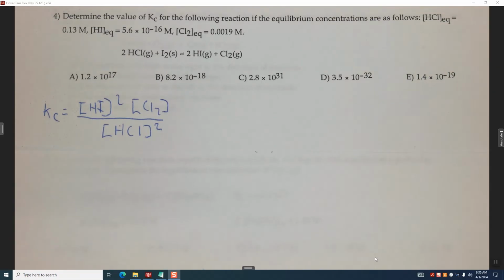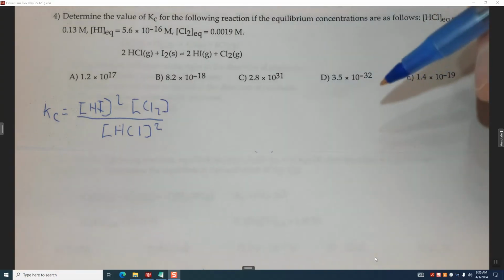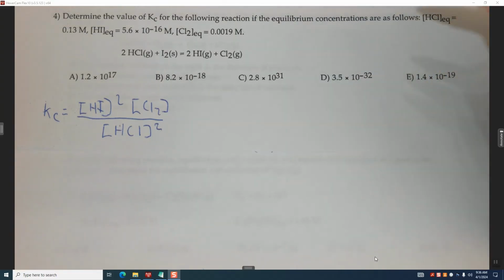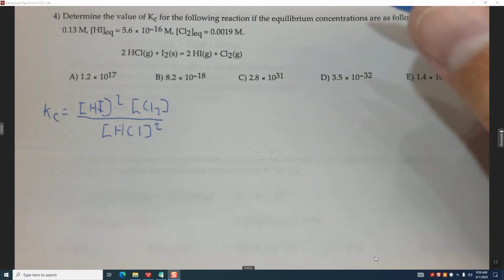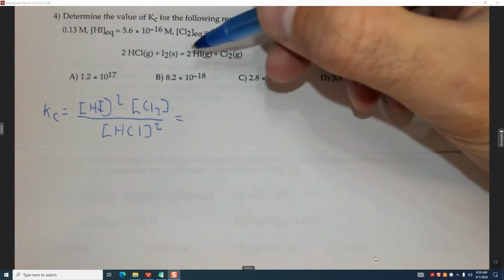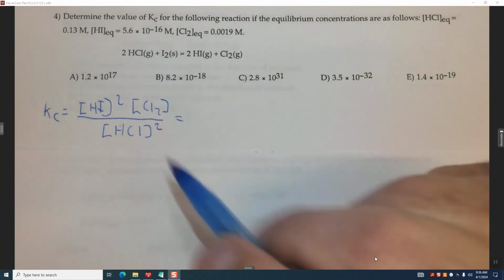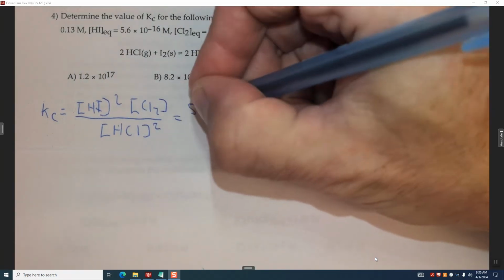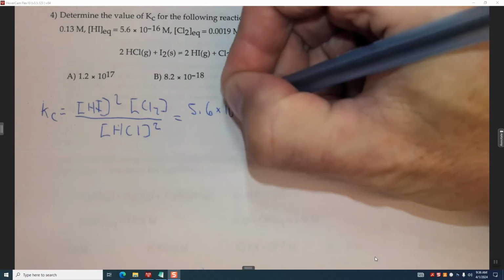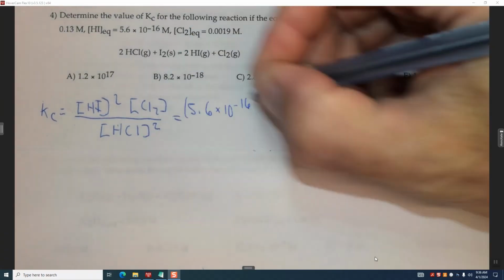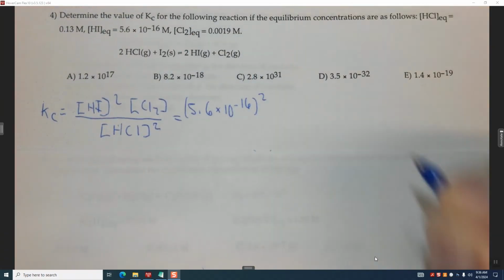Okay, so this is going to be our values. Since we are given equilibrium concentrations, we don't need to fill this into the ICE table or anything like that. We can just plug in the values directly. So we're going to take the concentration of HI, which is provided to us, which is very, very small, 5.6 times 10 to the minus 19, and we're going to square it.